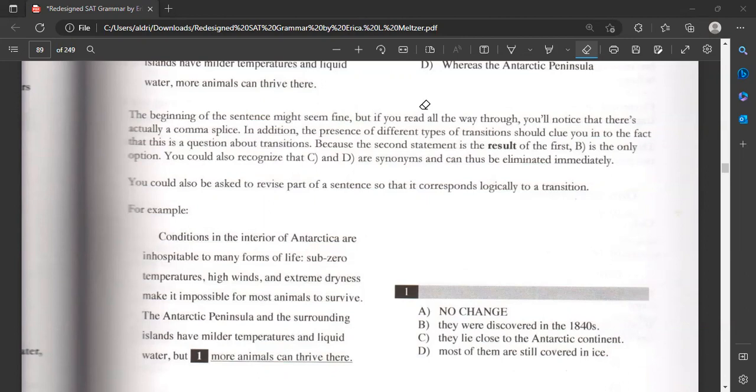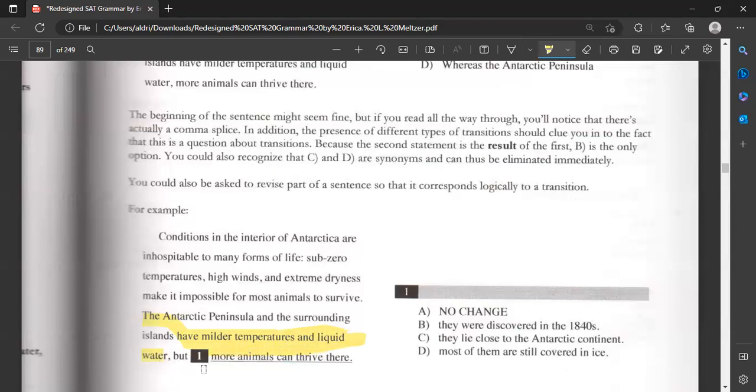Okay, so one thing I would definitely say you're right on is that A is not it. So we'll start there. The reason A is not correct is because it's contradicting, right? You can say this place, the Antarctic Peninsula, has these better conditions, milder temperatures and water, but more animals can thrive there.